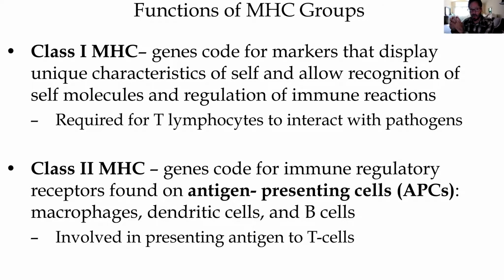See, I've got this MHC, it's good. My antigens should be here. The class 2 is the one that then presents these antigens that have been processed in that phagocyte. And they present them to the T cells.